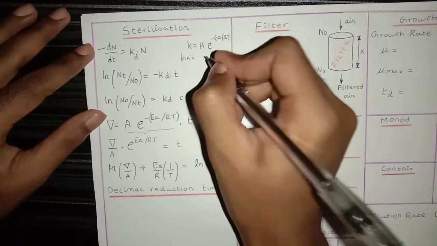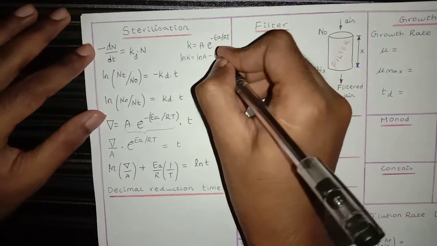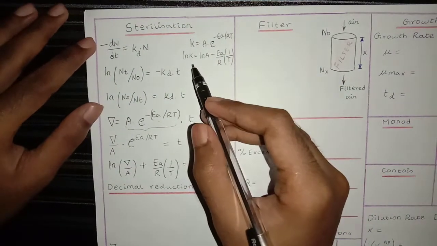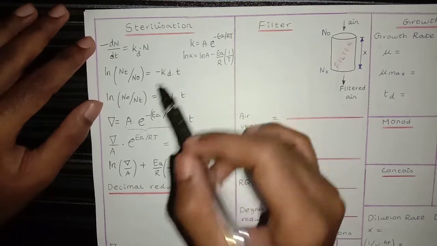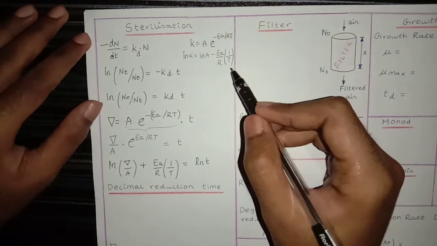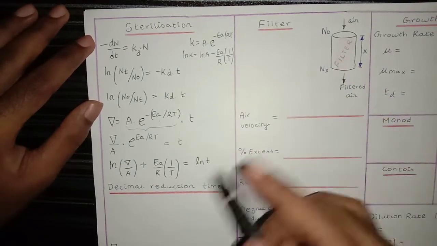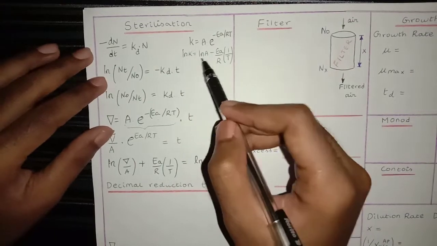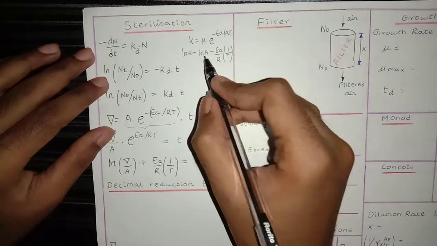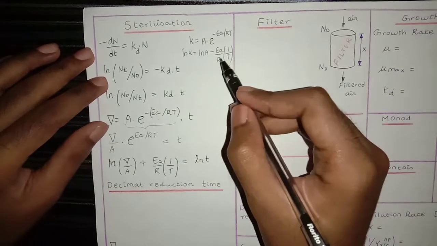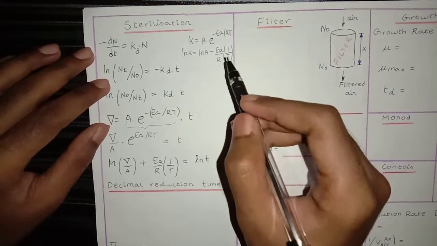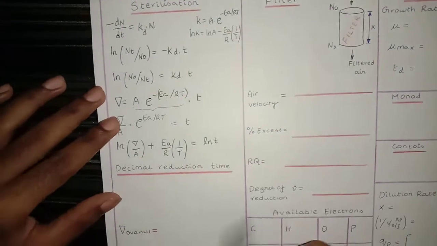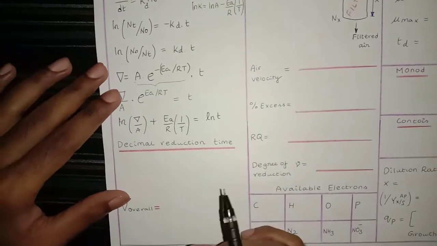Therefore ln k is equal to ln A minus Ea over R into 1 over T. We can conduct the sterilization at various temperatures, say T1, T2, T3, and get different k, K1, K2, K3, and plot ln k versus 1 over T. The intercept is ln A, and the negative slope is equal to the activation energy divided by the gas constant R.